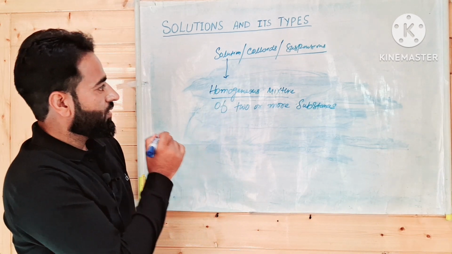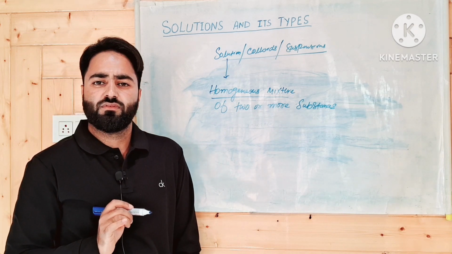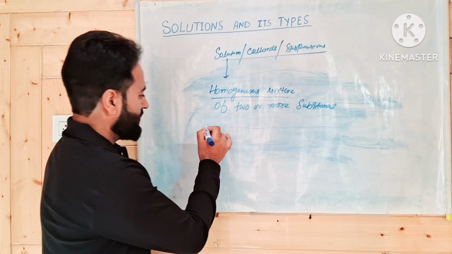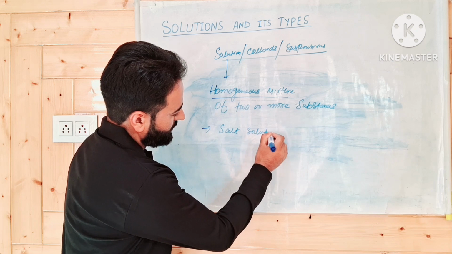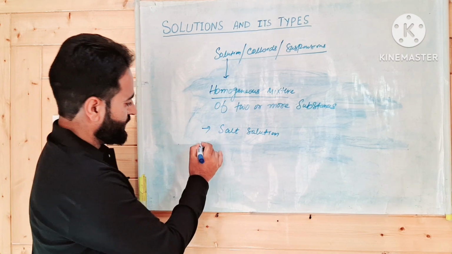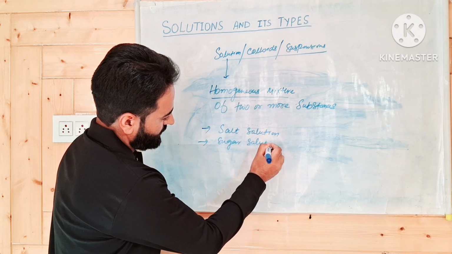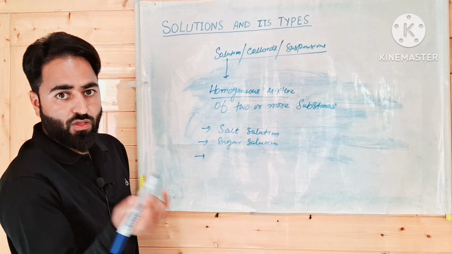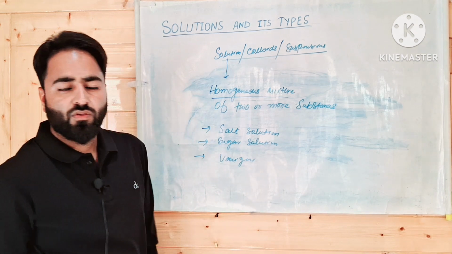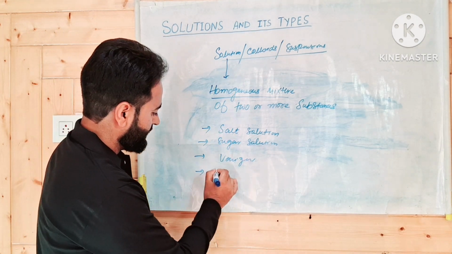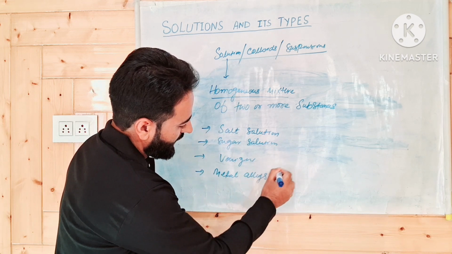So a solution is simply a homogeneous mixture of two or more substances. Like we have salt solution, sugar solution, vinegar, and metal alloys like brass.